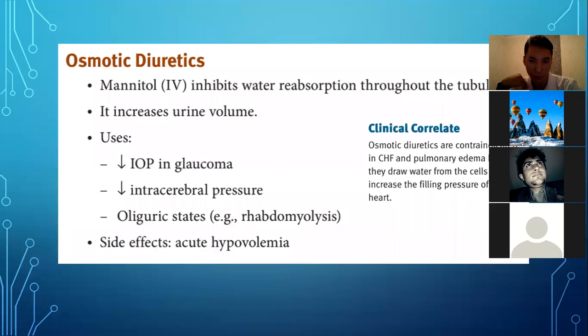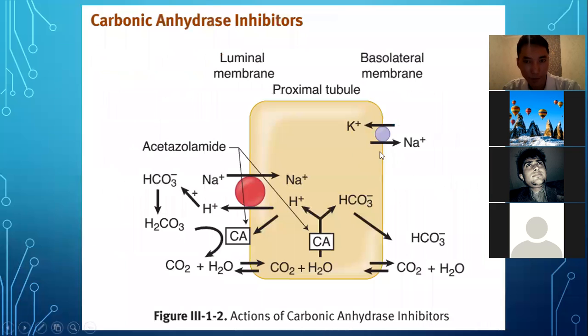So for those who have heart failure and pulmonary edema, it is not used as a prescription. Doctors do not prescribe them for patients who have these types of diseases, because it will make the condition of the patient even worse. Okay.